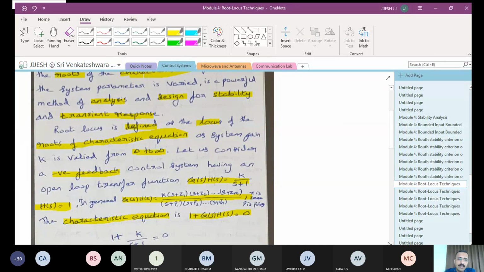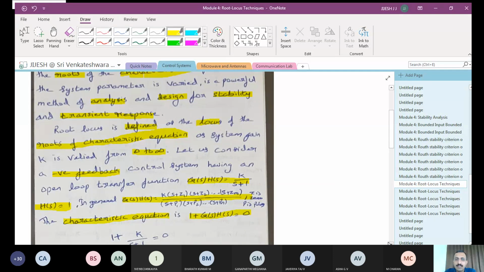To understand this, we have taken the system as G(s) H(s) equal to K divided by s plus 1. Now we know that H(s) is 1, so we can proceed further and see the characteristic equation, which is represented as 1 plus G(s) H(s) equal to 0.